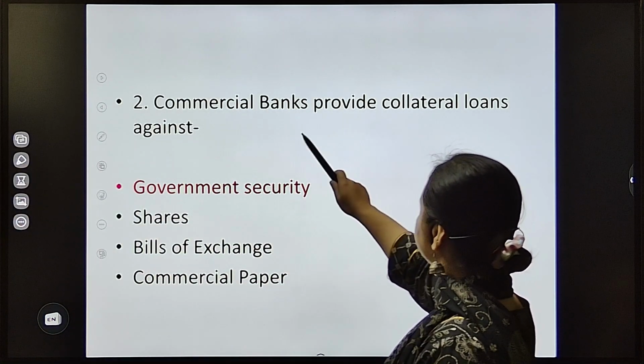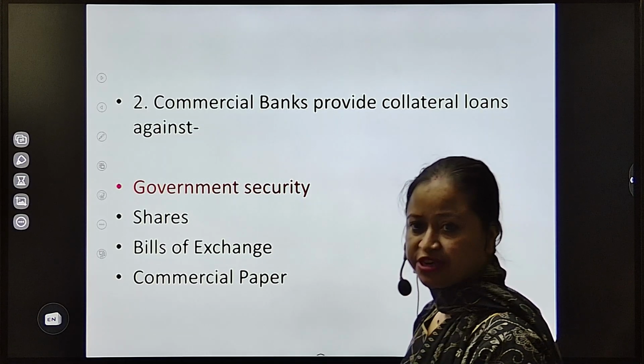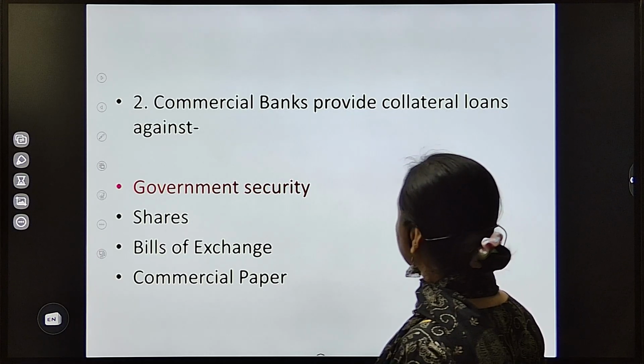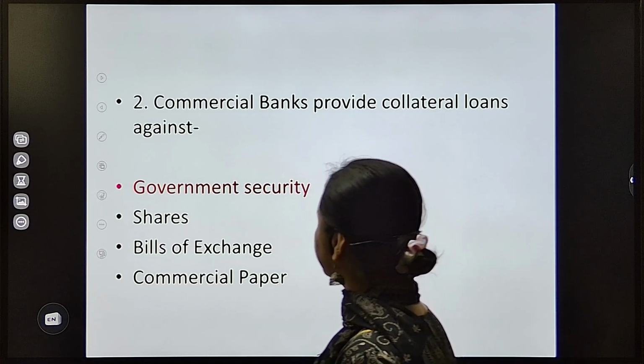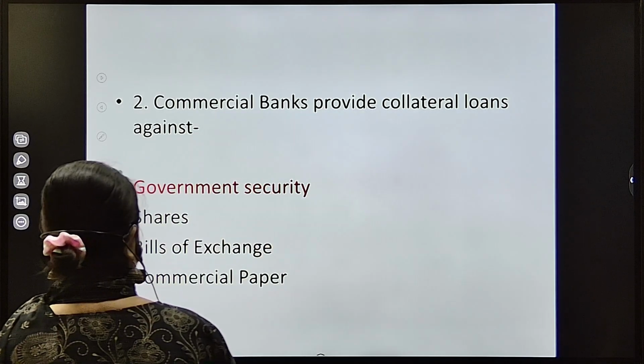Okay. So commercial banks provide collateral loans against, again from the chapter banking. So this you need to remember. The right option here is government securities.